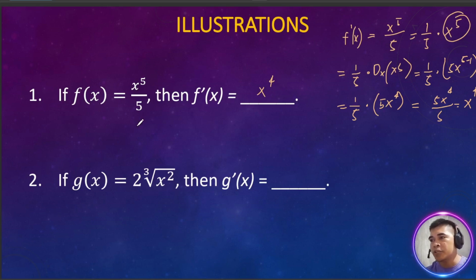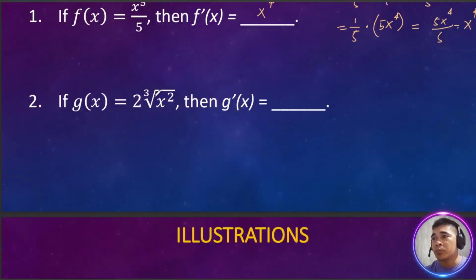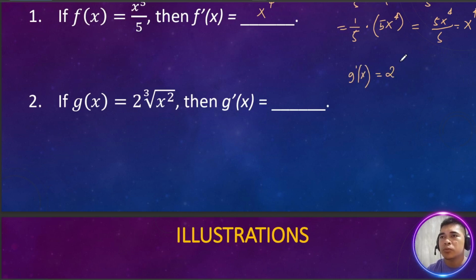Next, if g of x is equal to 2 times the cube root of x squared, then what is the derivative of g? So we have this one, equals 2 times the cube root of x squared. You can rewrite this one as 2 times x to the power of 2 over 3. So apply the constant multiplied to a function.